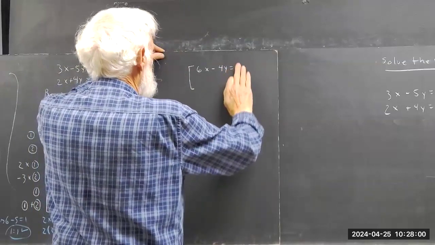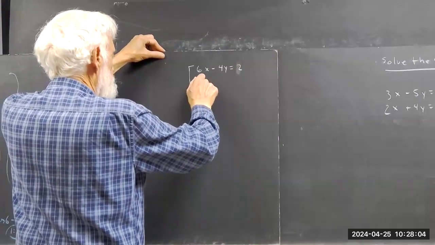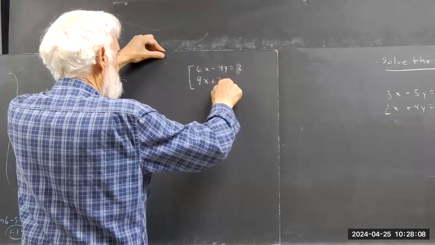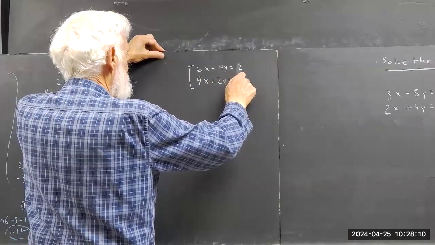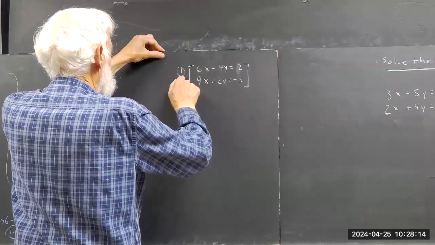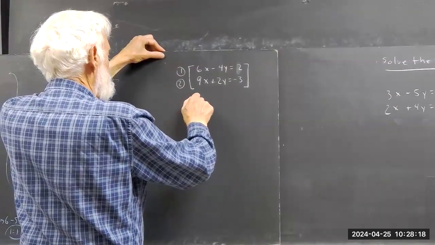Let's keep the numbers a little bit lower. Okay, and here's row 1. Here's row 2.